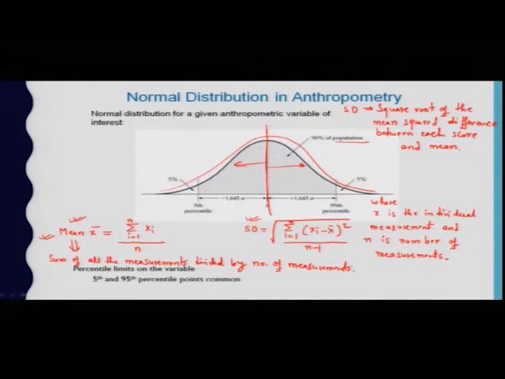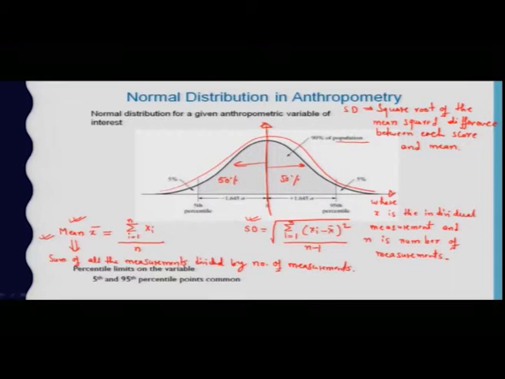If a distribution is normally distributed, 50% of the scores will lie on either side of this particular axis.